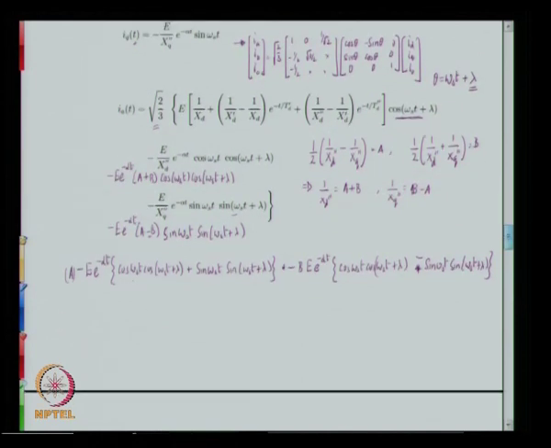You have in the form cos A cos B plus sin A sin B, so that is nothing but cos of A minus B, and this is cos A cos B minus sin A sin B, which is cos of A plus B. So, this will give us a term cos of 2 times omega st plus lambda, and this will give us a term cos of omega st plus lambda minus omega st, which is cos of lambda.